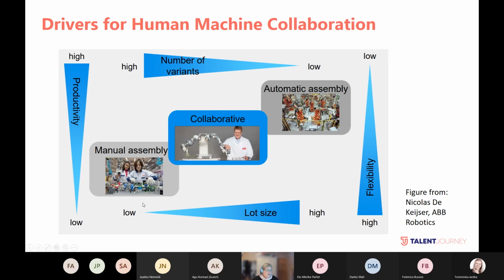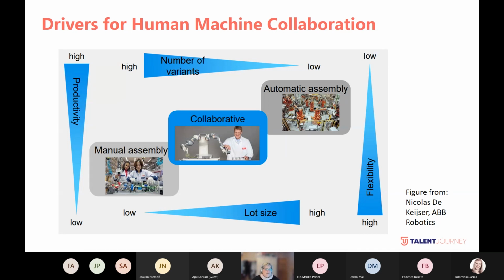On the left, the lot sizes of the production are low, and the number of different variants is high, and vice versa: low number of variants here and high lot sizes here. Then look at the vertical variables. At the bottom of the figure, productivity is low and flexibility is high. And again, vice versa: high productivity up here and low flexibility up here.